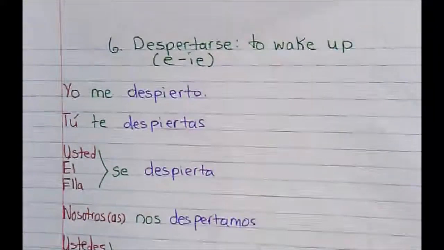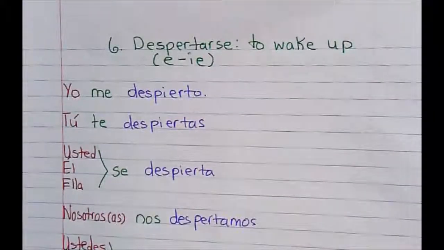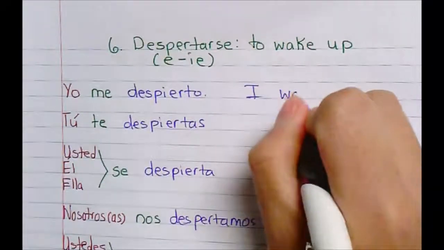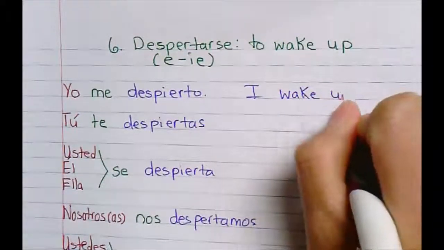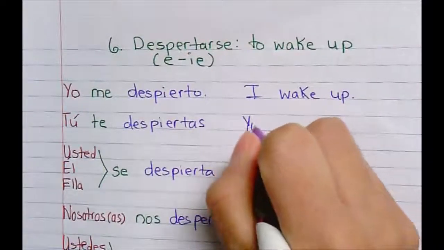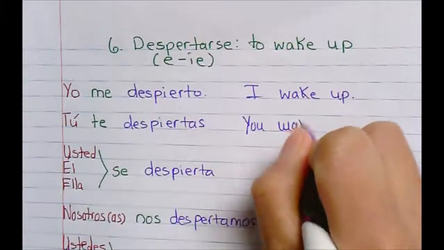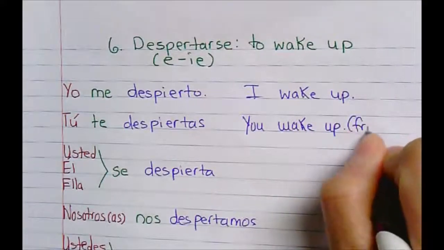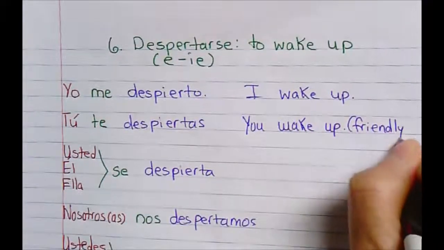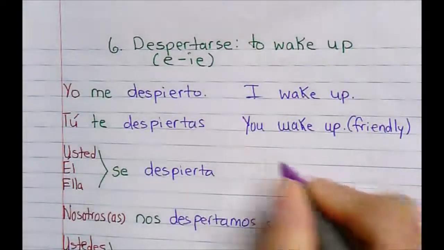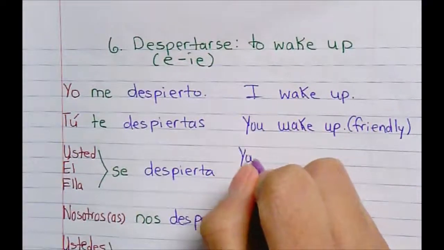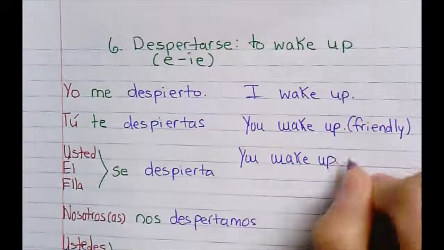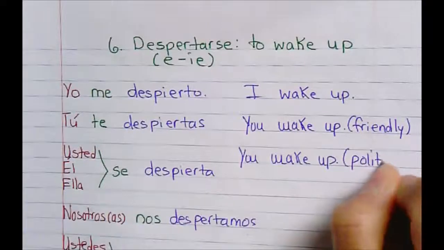Translation. Well, despertarse means to wake up, so my translation will be I wake up. You wake up. And this is the friendly form. I didn't put it in the other one because I hope you remember. You wake up. And this is the polite way.